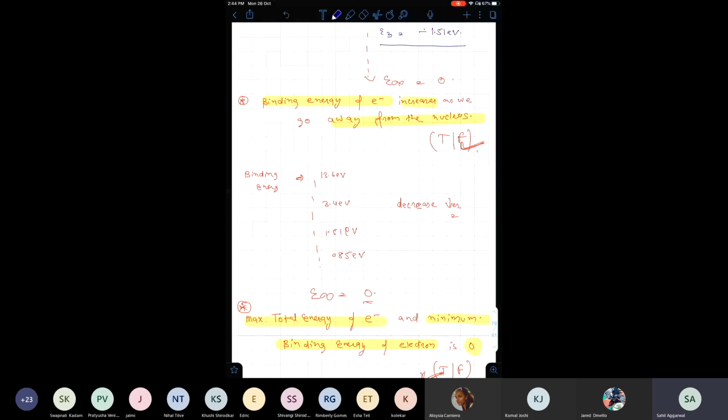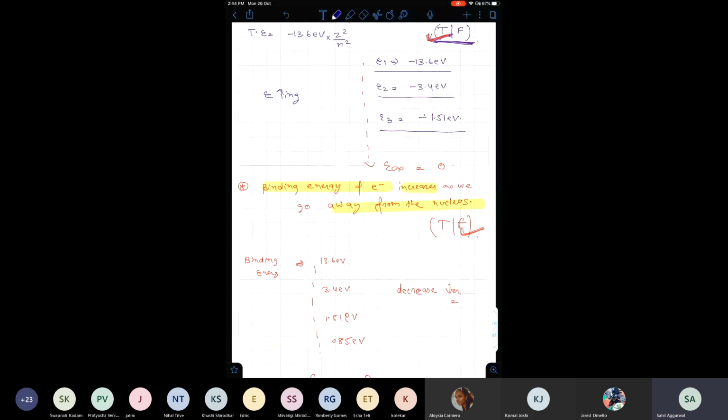Komal, I said maximum total energy of electron. As you can see, this value is increasing as we are increasing n value. Maximum n value can be infinity and the minus value gradually decreases. What will it become? Zero.